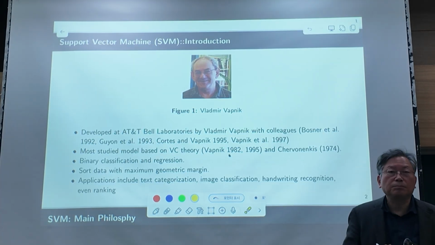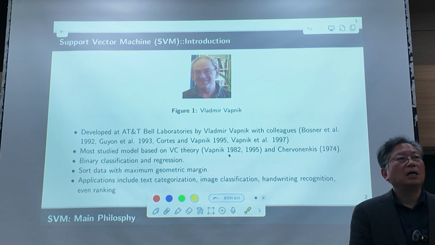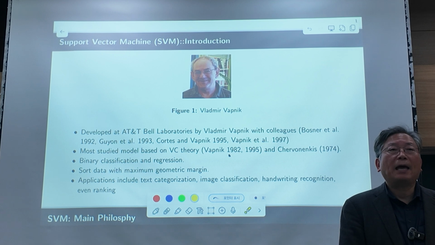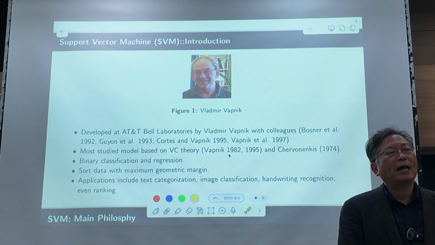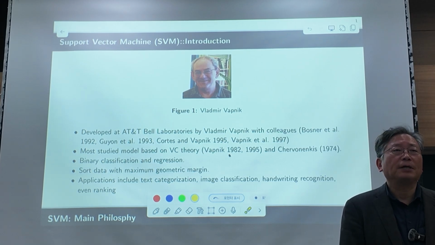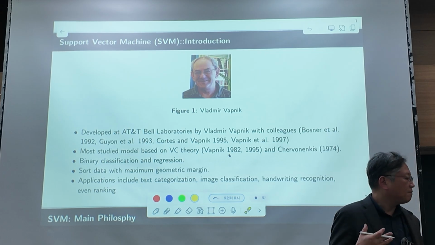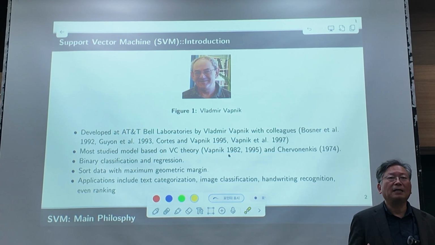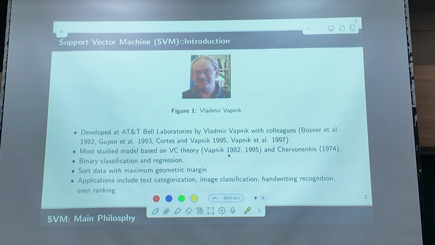Large margin classification comes from VC dimension and PAC learning. We want to find an actual algorithm that follows PAC learnability, a classifier that obeys PAC learnability, and it's also based on VC dimension.